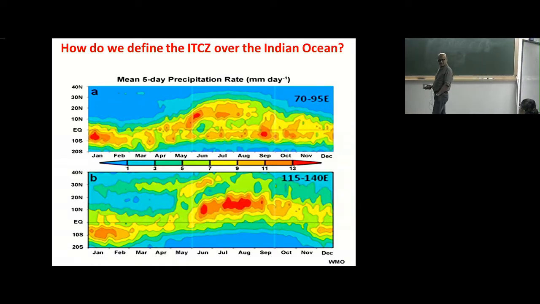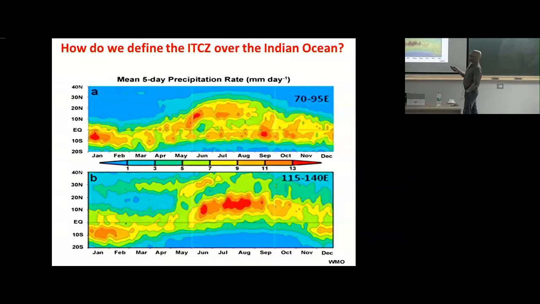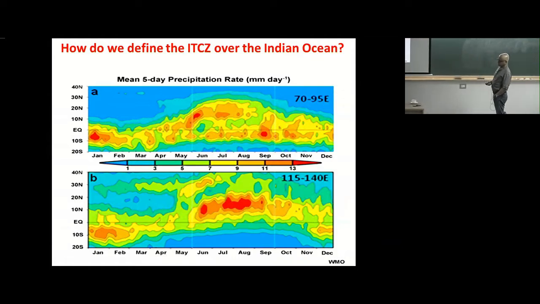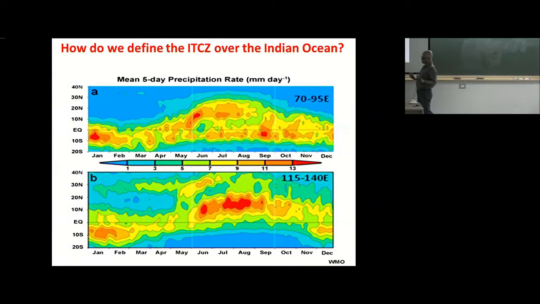This is something we are obsessed with. Next week there is a meeting at IISc trying to see what onset really means, and I have always pushed to say that this is where the onset actually happens. When the ITCZ wants to move north, but the ocean has a control on it, so there is always this kind of a battle that happens. So there is this back and forth, or the split, and then eventually it splits into two.